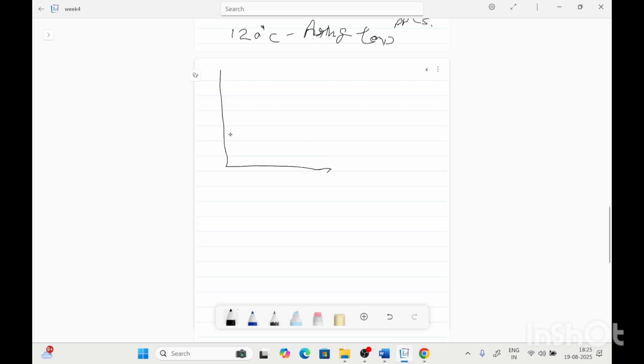So first we will draw the phase diagram for the solutionizing treatment. This is the aluminum side, with a melting temperature of 660 degrees Celsius.